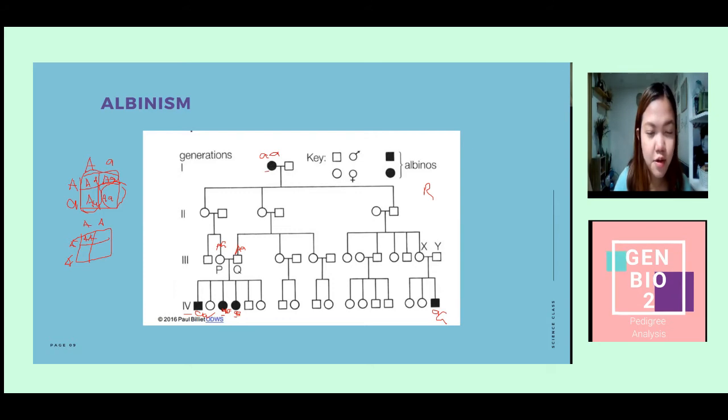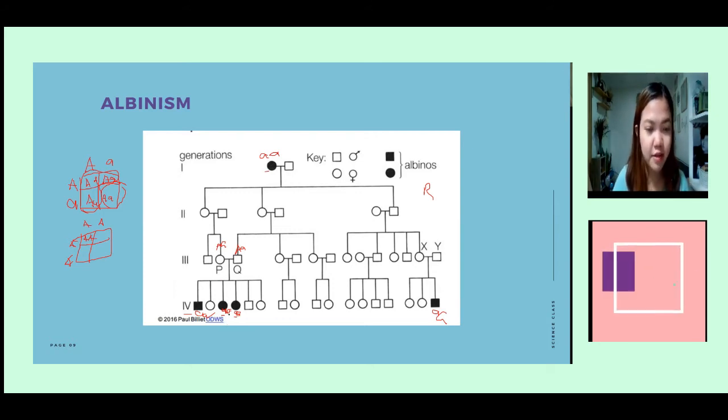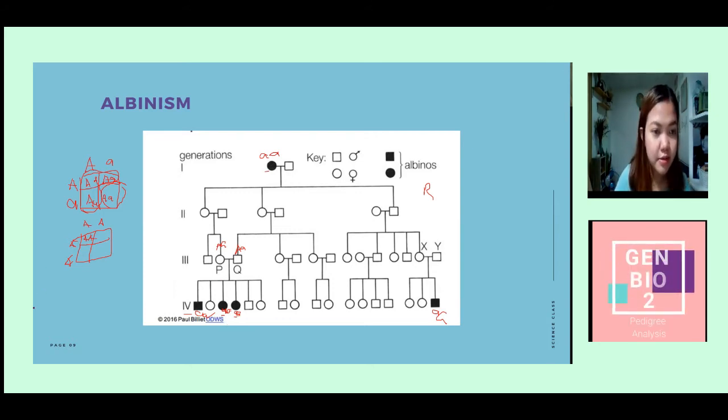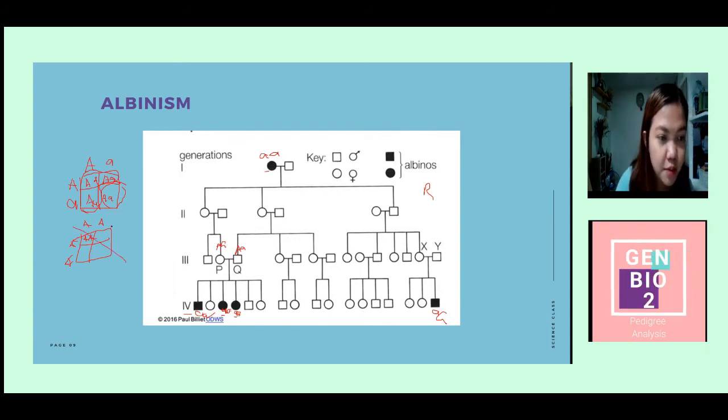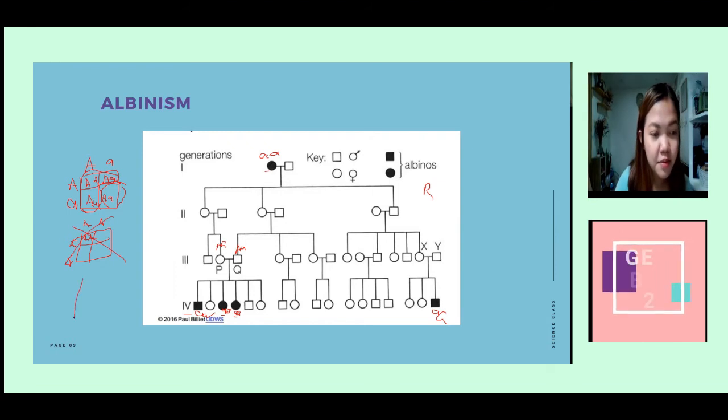Pero, ang offspring nga ng PQ may affected. So, bawal yan. So, bawal na yung ganyan. So, paano naman pag isang homodominant at isang hetero? Pwede ba yan? Hindi. Of course, hindi. Kasi try natin.